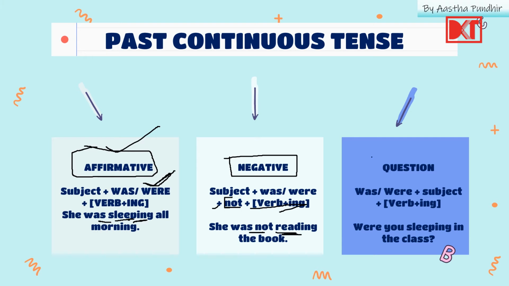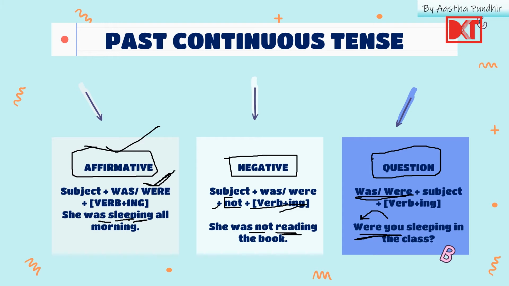Then we have question. The third category is the question. Here we start with the verb, either was or were, then the subject plus verb ing. Example, were you sleeping in the class? Remember, with you we use were, and with they also we use were. Were they sleeping in the class?